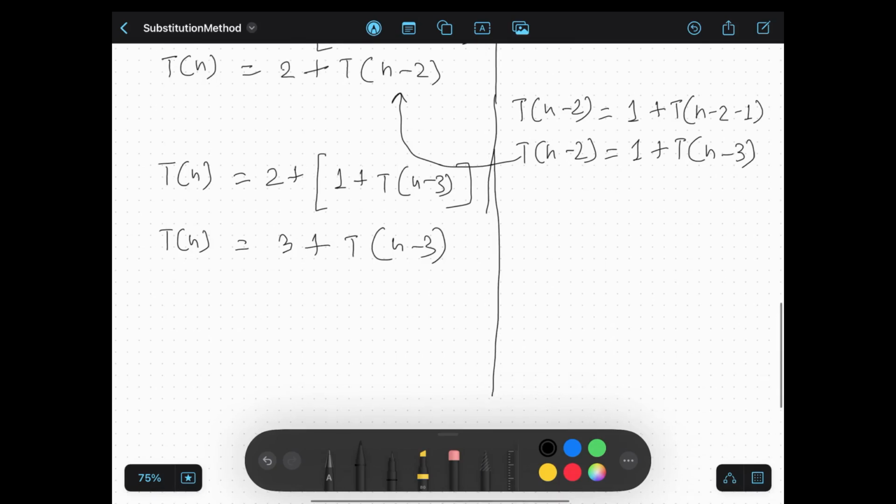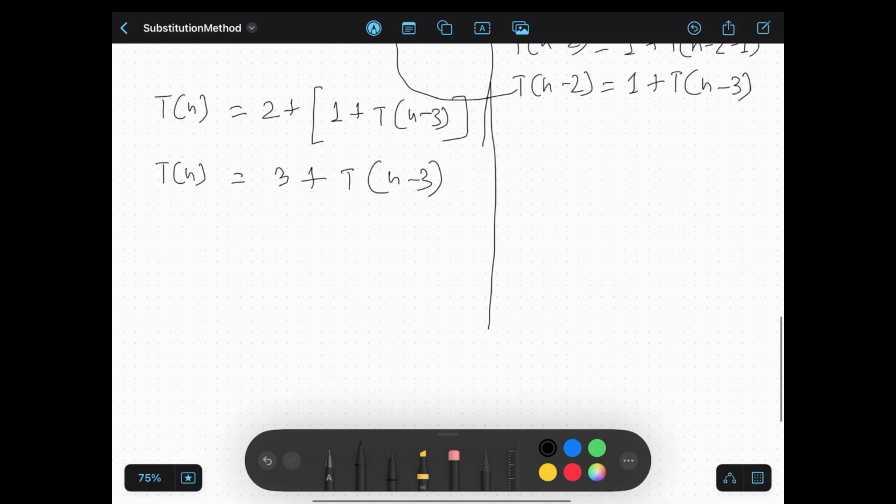Let's do one more step to generalize this equation. For n minus 3, it will be 1 plus, we substitute n minus 3 for every n, so n minus 3 minus 1.